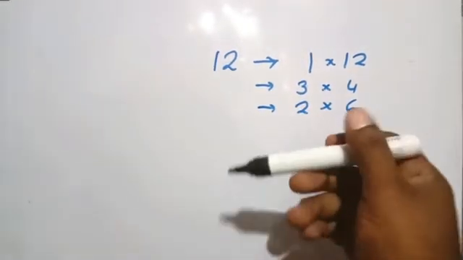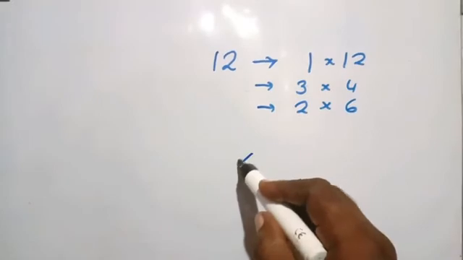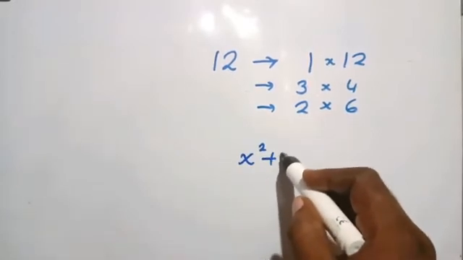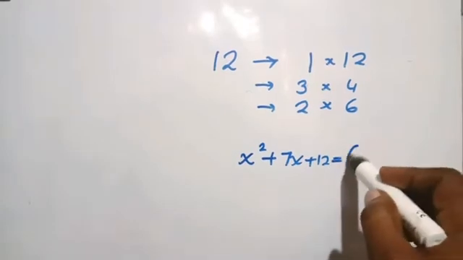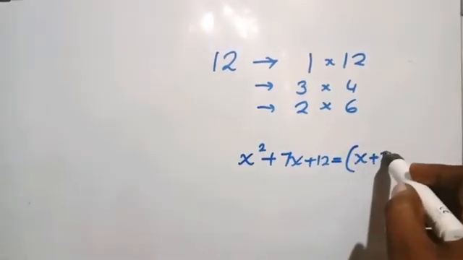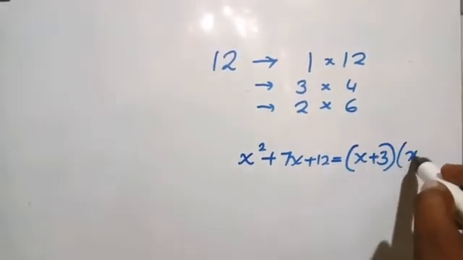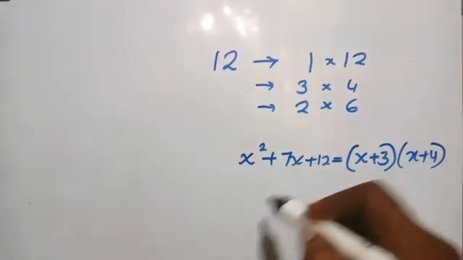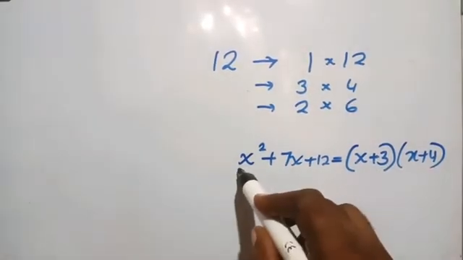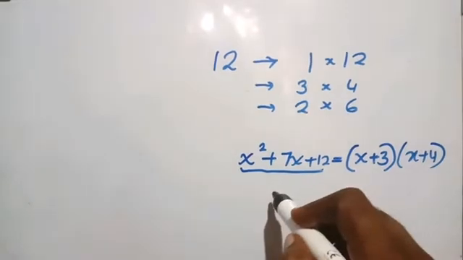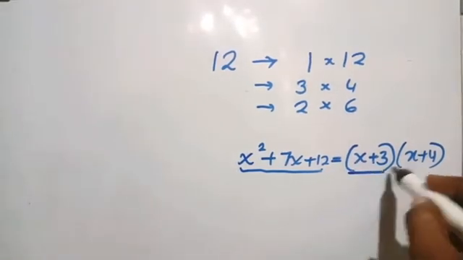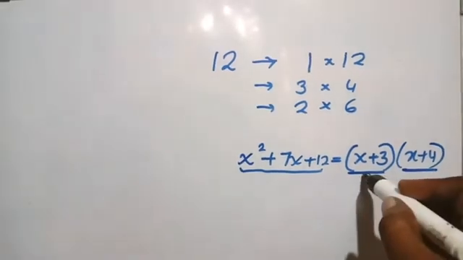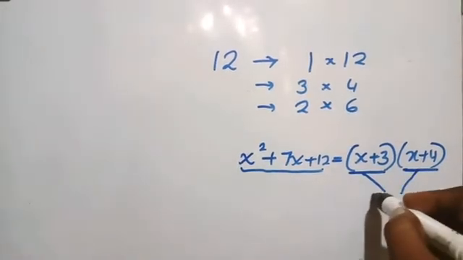Okay, similarly, if x squared plus 7x plus 12 can be expressed as x plus 3 into x plus 4, we call this one as the expansion, and x plus 3 and x plus 4 are known as factors.